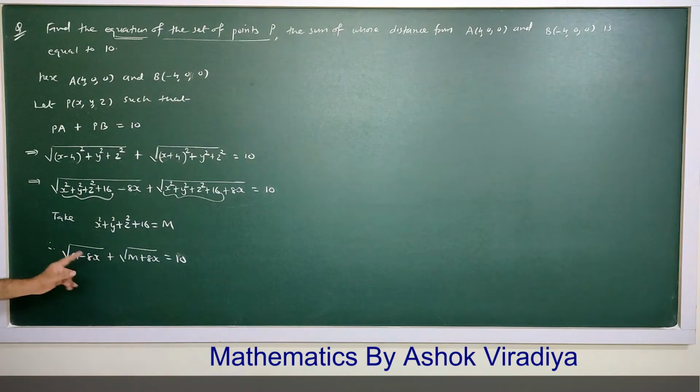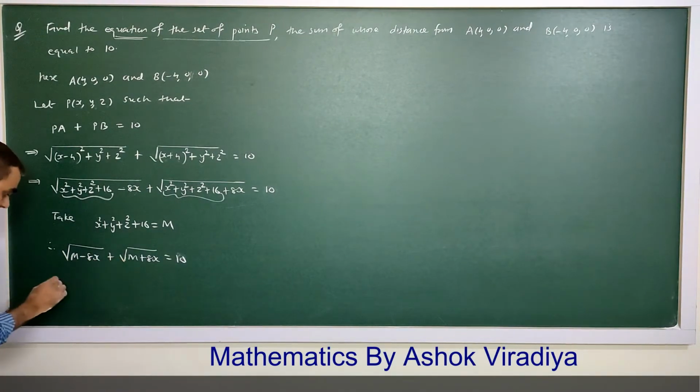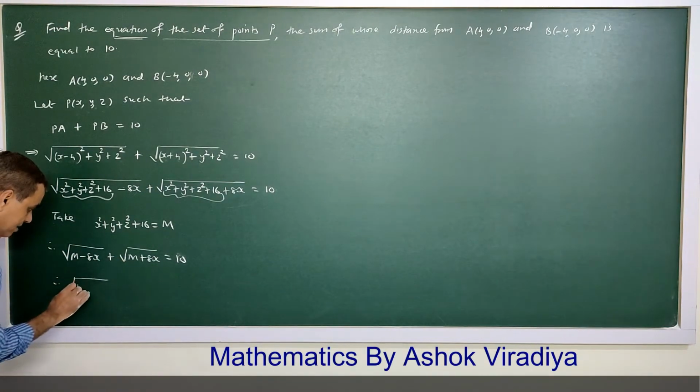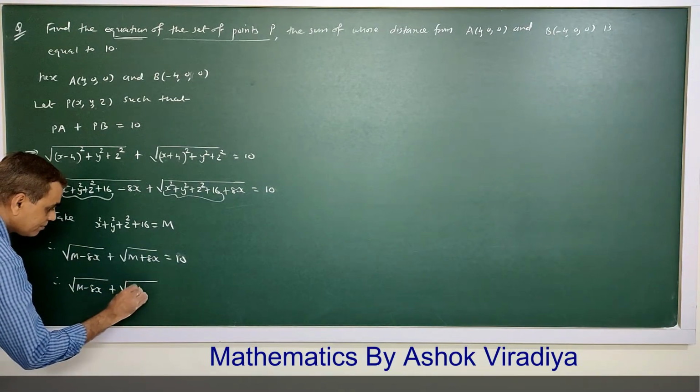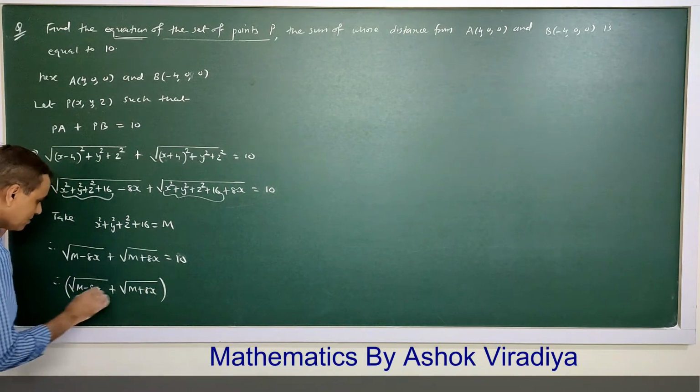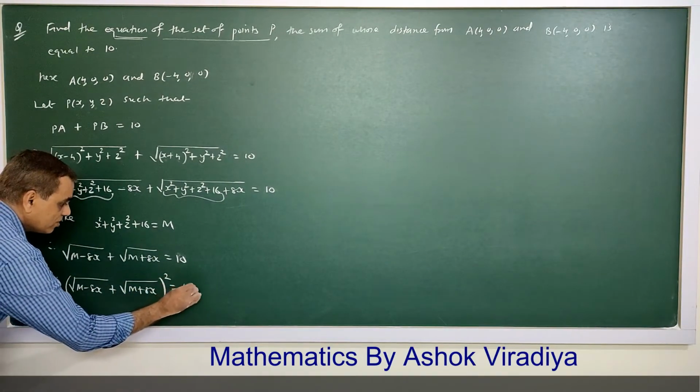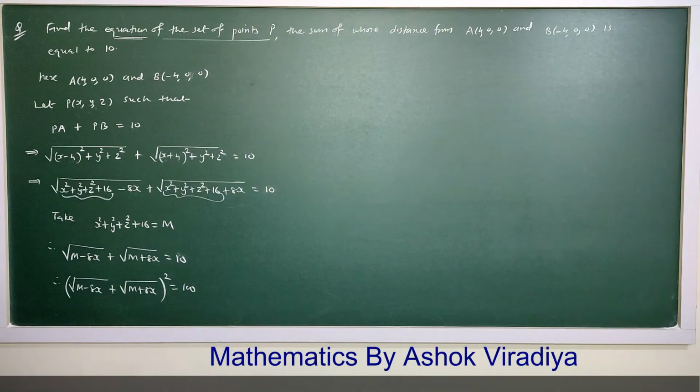Now, to remove this radical sign, we are squaring on both sides, this will be 100.